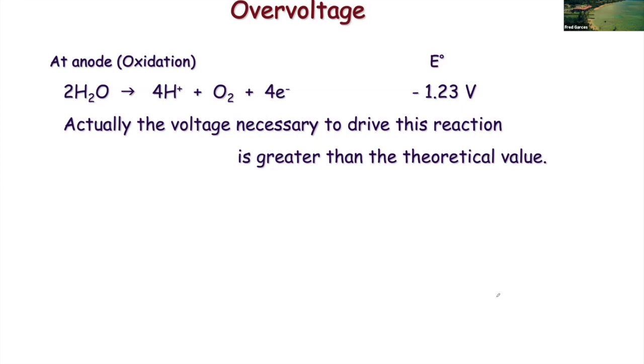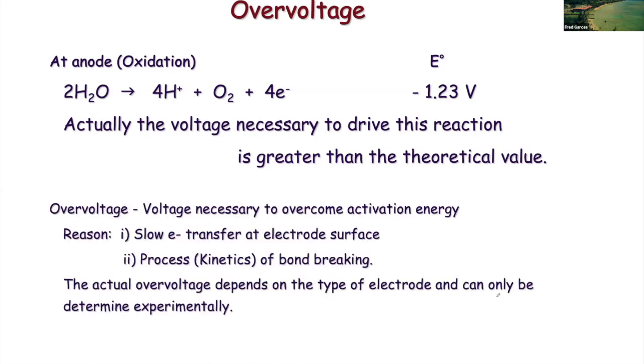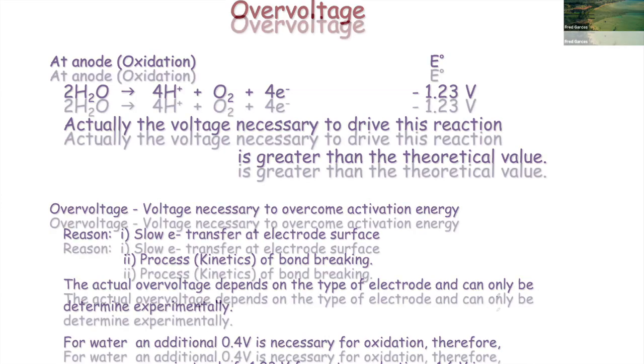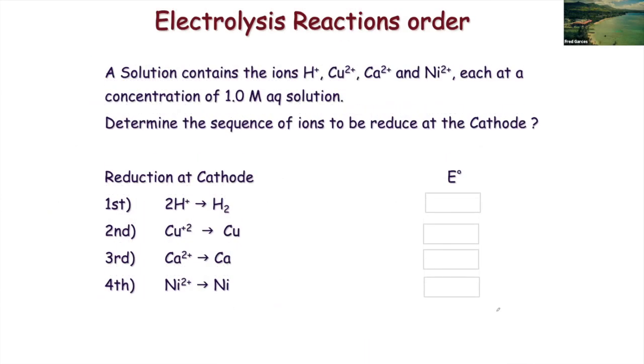Okay, the overvoltage is the extra energy you need to supply to get it over the activation barrier so that the reaction does occur. And again, it's because of slow electron transfer and the kinetic process. Generally for water, you need to add an extra 0.4 volts to the total. So it's not a spontaneous thing.